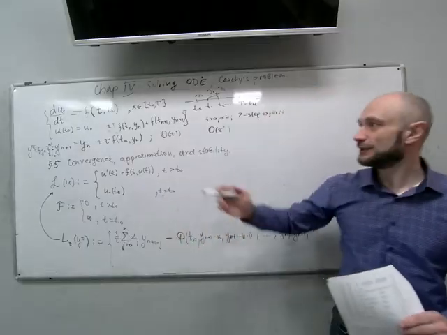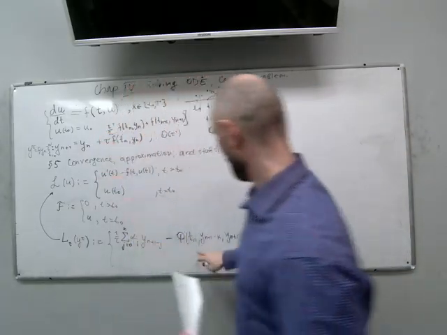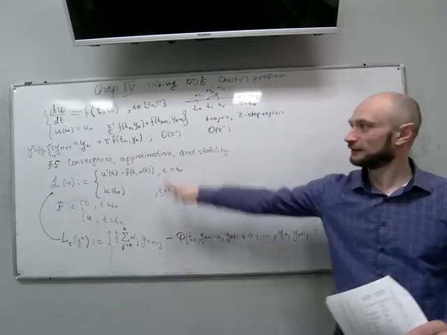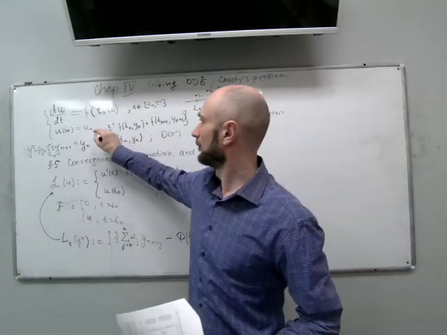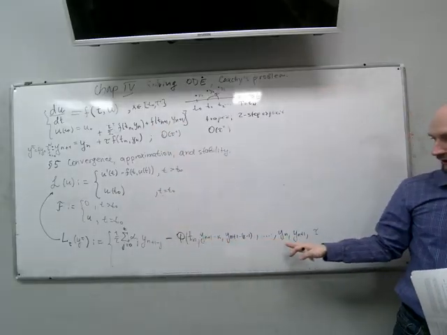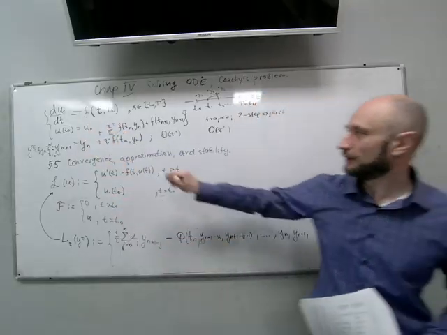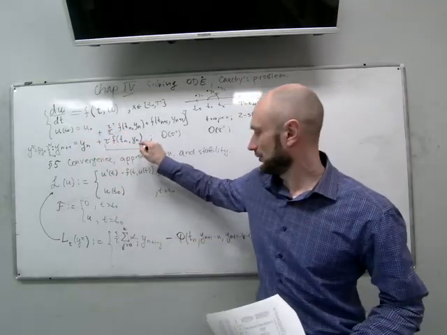So this is an example of phi. The trapezoidal rule gave us an example of how phi can look, and you see this depends on tau.